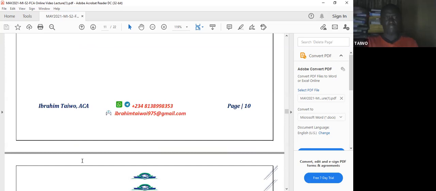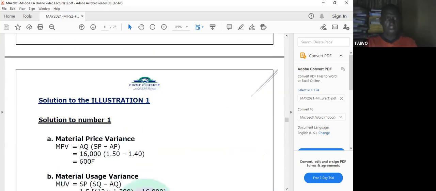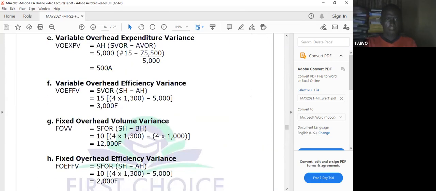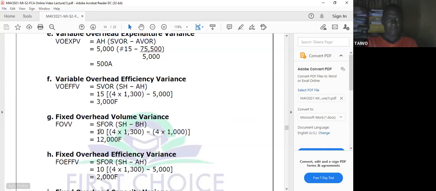So if we have the standard fixed overhead rate to be 10 naira per hour, then what's the standard hour? Standard hour remains 4 times 1,300, minus budgeted hour, which is 4 times 1,000. I hope you understand how I got my standard hour. Standard hour is computed on actual production, and what we actually produced happens to be 1,300.